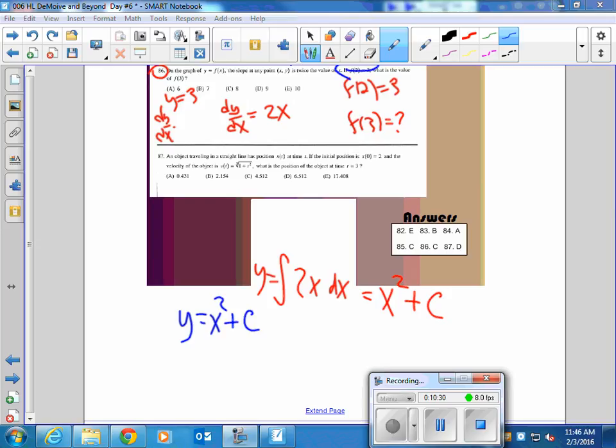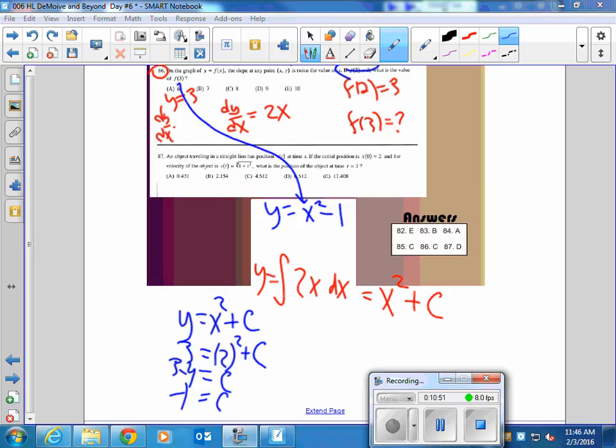X is 2, y is 3, so you get 3 minus 4 equals c. c is negative 1. So now I have y equals x squared minus 1, and put a 3 in for x. What's y going to be? I think it's 8. Is that right? Yeah. Good.